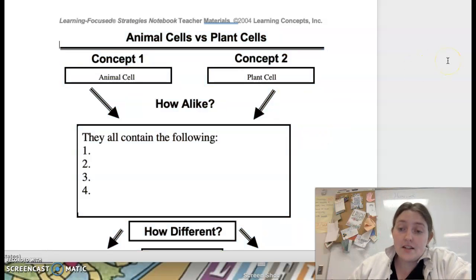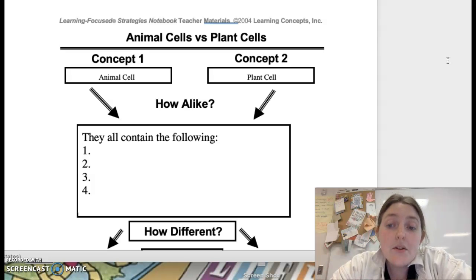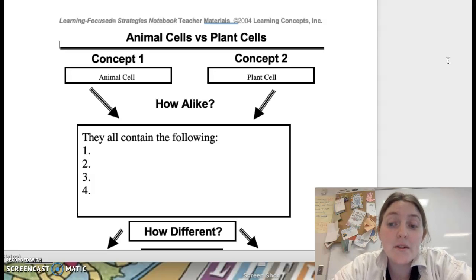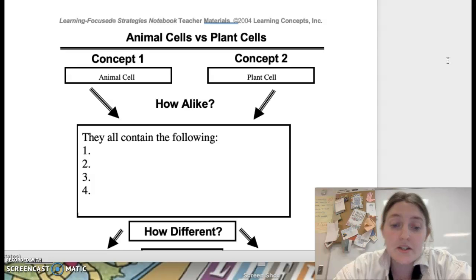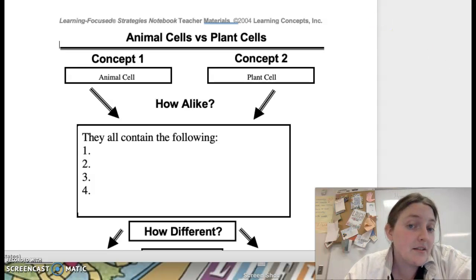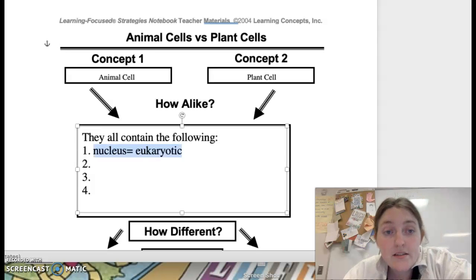So now we're going to discuss how animal and plant cells are alike and how they are different. Now you learned a bit about this yesterday when we were talking about organelles, but now we're going to look at this a little more closely. So, how are they alike? Well, they're both eukaryotic, so they have a nucleus.